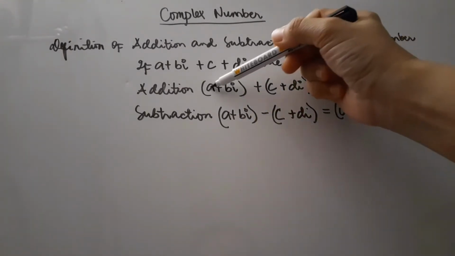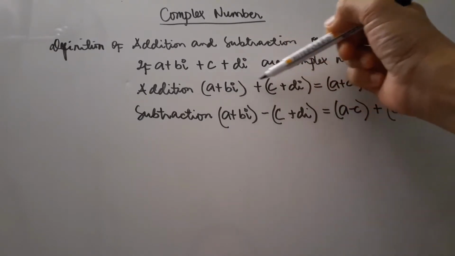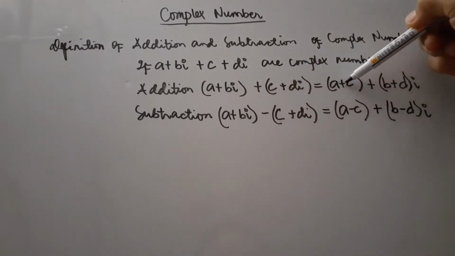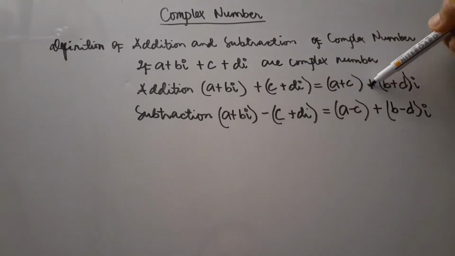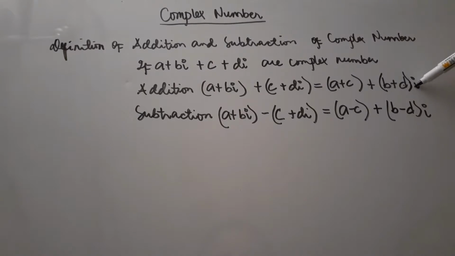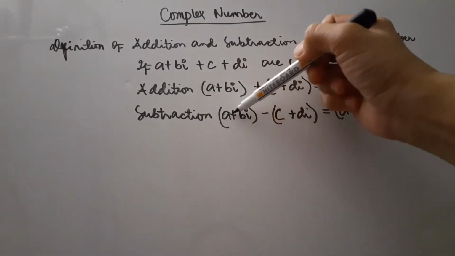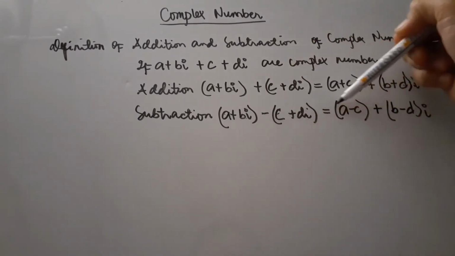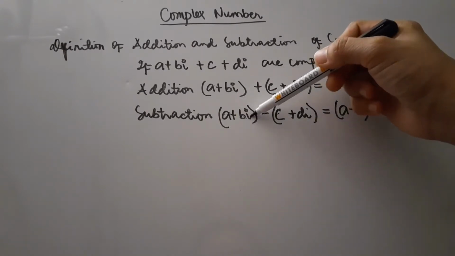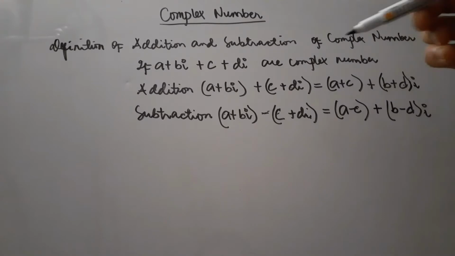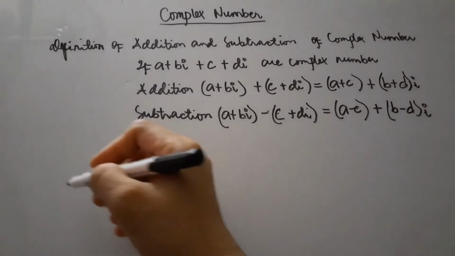The quantity a plus bi plus c plus di is equal to a plus c in the first part, plus bi plus di, where we can group together b plus d quantity times i. And in subtraction, we have a plus bi minus c plus di, where a minus c we group together, plus the inverse of c plus di, where we distribute the negative, so we have b minus d times i.